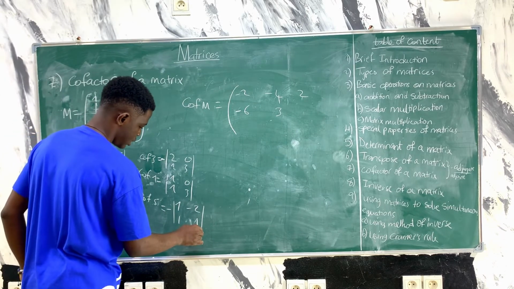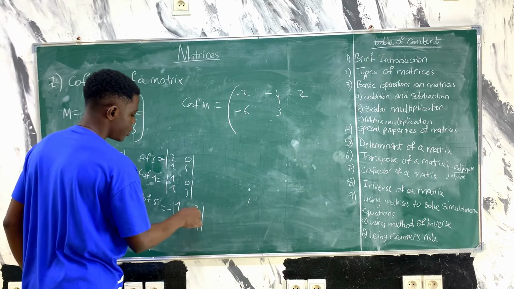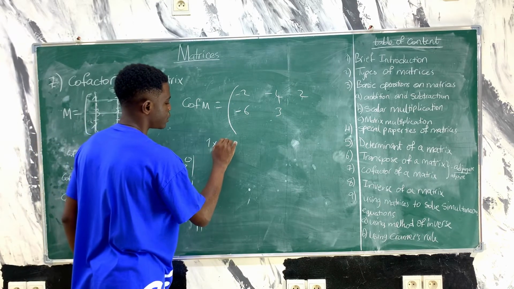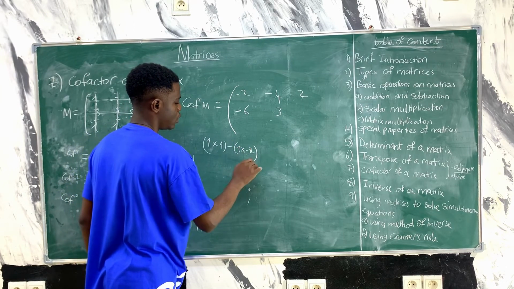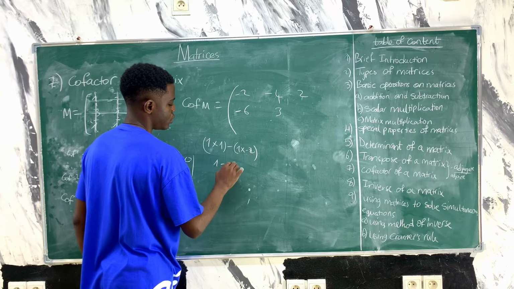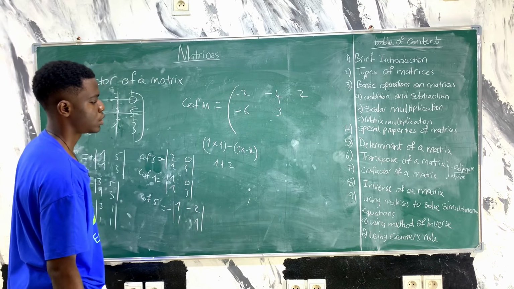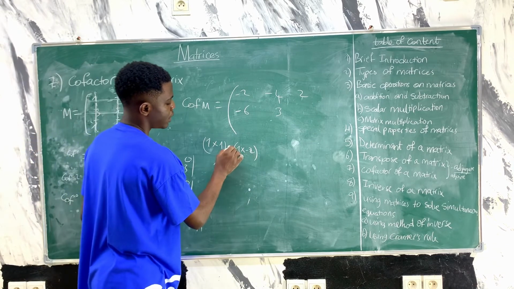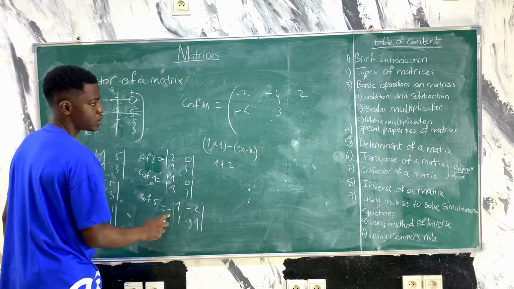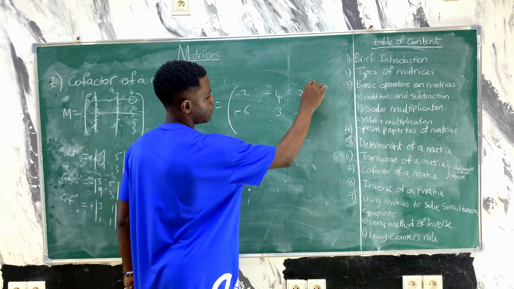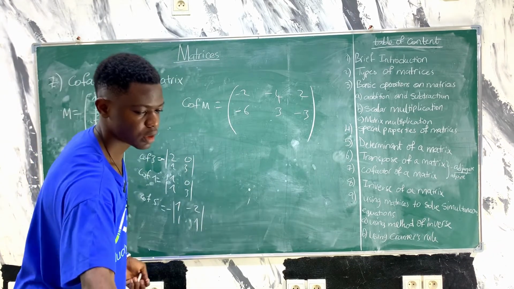So you do 1 times 1 is 1 minus 1 times minus 2, which is 1 plus 2 actually. Because this minus will multiply this minus, I have 1 plus 2, which is 3. Since there is already a minus here, it will be minus 3.